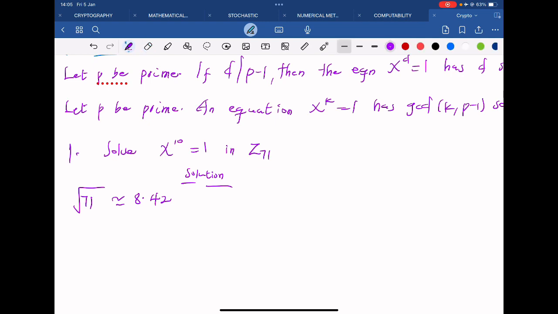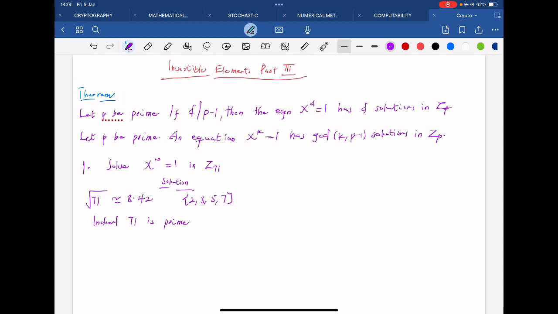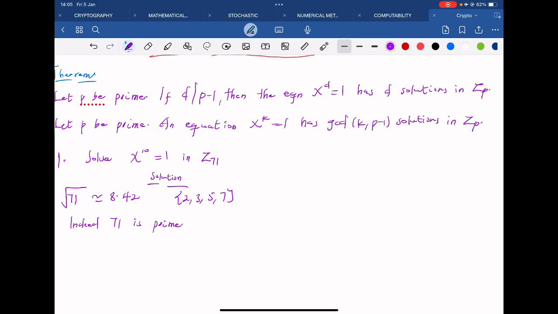So we are going to have 2, 3, 5, and 7. Then we check, does any of these divide 71? 71 over 2, 71 over 3, 71 over 5, 71 over 7. No. Since 2, 3, 5, and 7 are not divisors of 71, we can conclude that indeed 71 is prime.